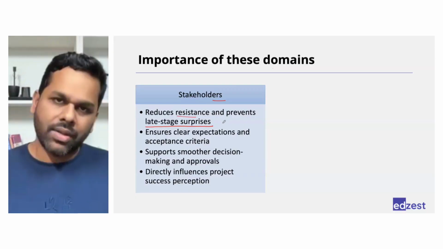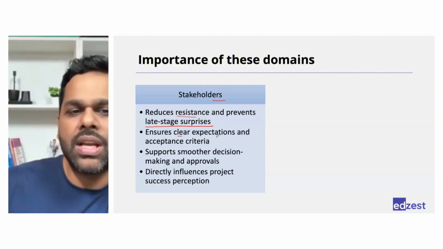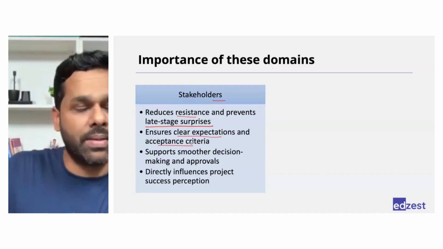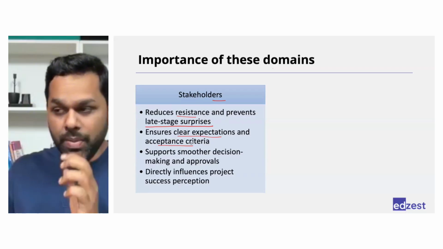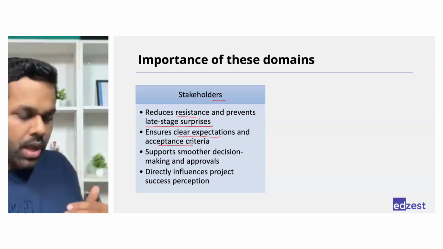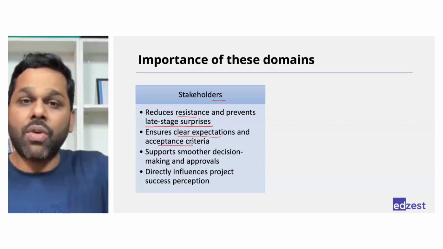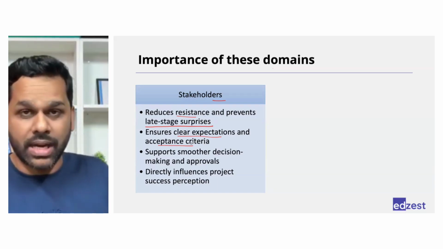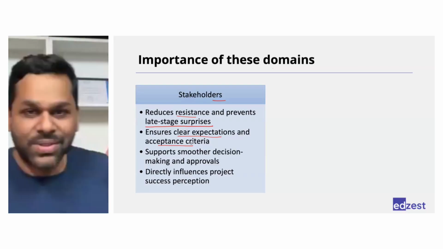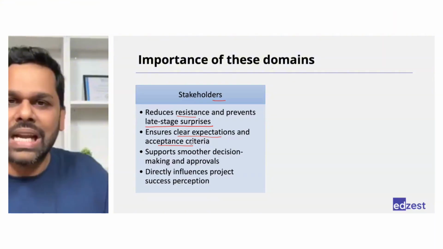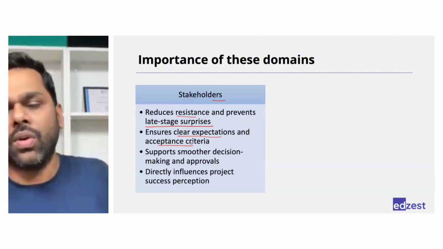Similarly, if you identify, analyze, and prioritize the stakeholders well, you will be able to ensure clear expectations and acceptance criteria with them. Not just about writing the expectations or writing the acceptance criteria, you would be engaging with them, which means you would be discussing with the stakeholders regularly and ensuring that whatever your understanding is about the acceptance criteria is also the understanding of the stakeholders.